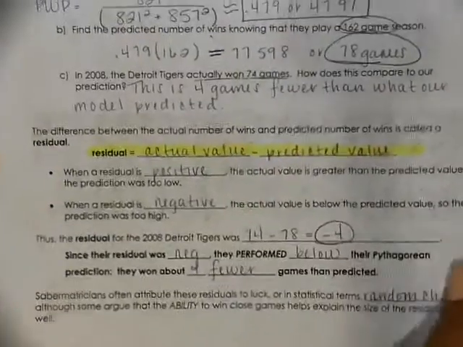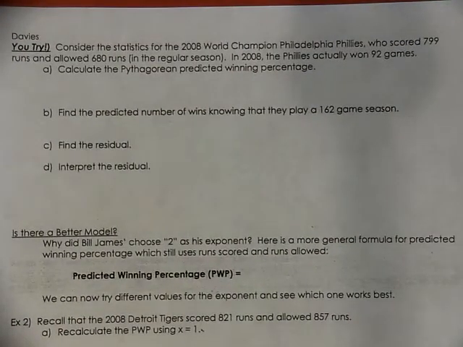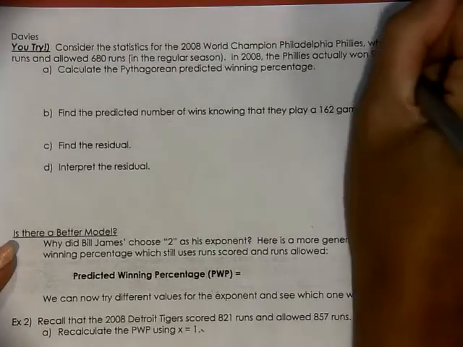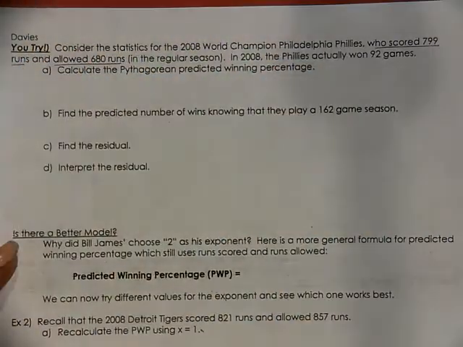Okay, let's go to the your turn. If you want, you can pause the video here, or you can work through this example with me. So it says, this time, consider the statistics for the world champion Phillies, who scored 799 runs and allowed 680.